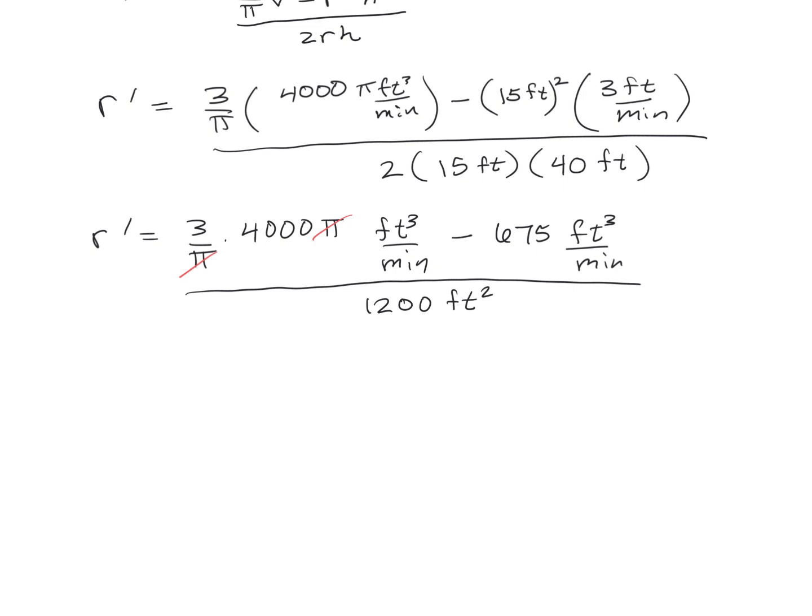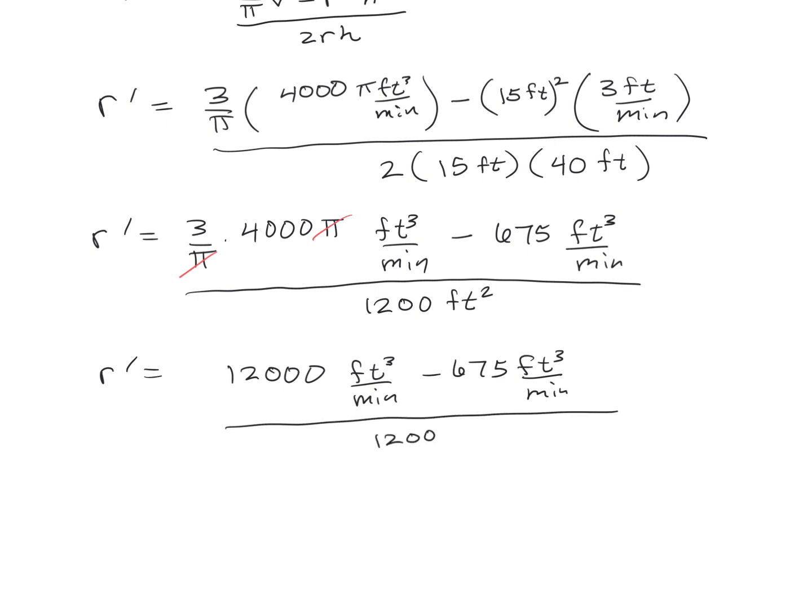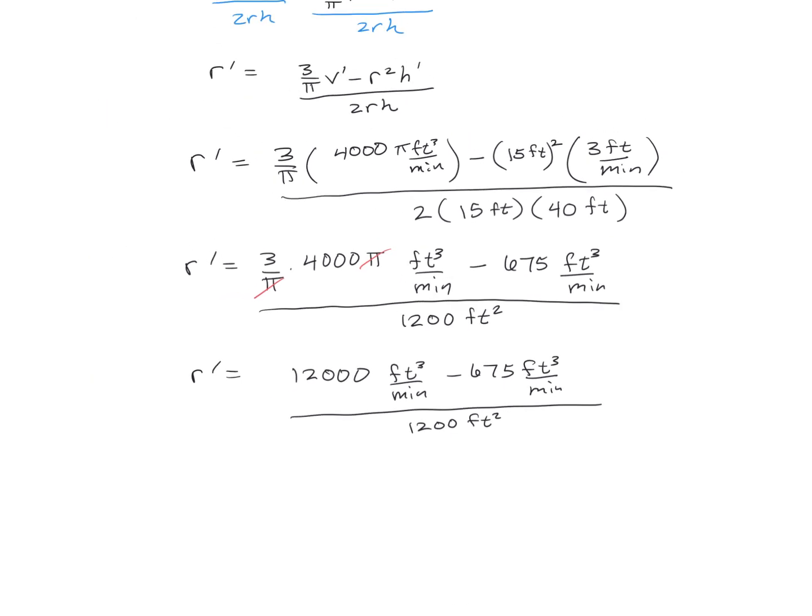All right, so we now have our R prime, which is going to be 3 times 4,000, which is 12,000 cubic feet per minute, minus 675 cubic feet per minute, divided by our 1,200 square feet. And once again, it's always important to look for road signs along the way that we're doing things right.